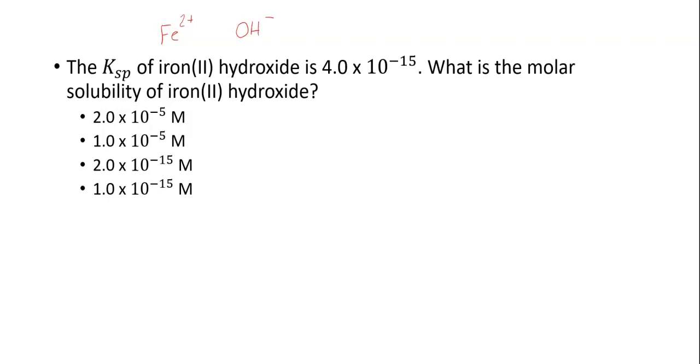So iron 2 hydroxide is going to be Fe(OH)2, and that's going to be partially dissociating into its ions.